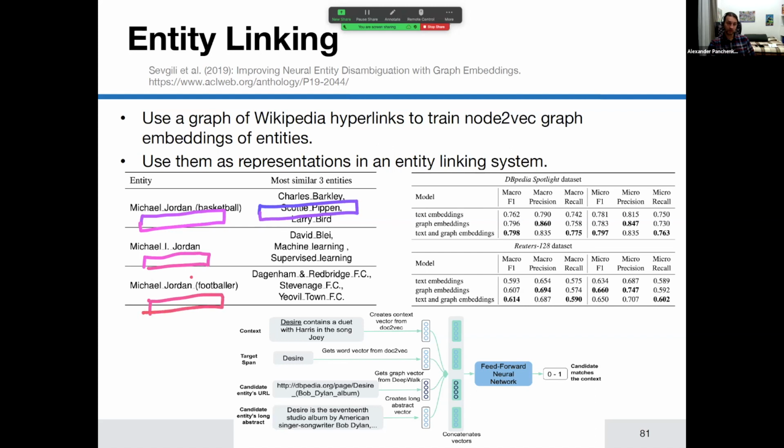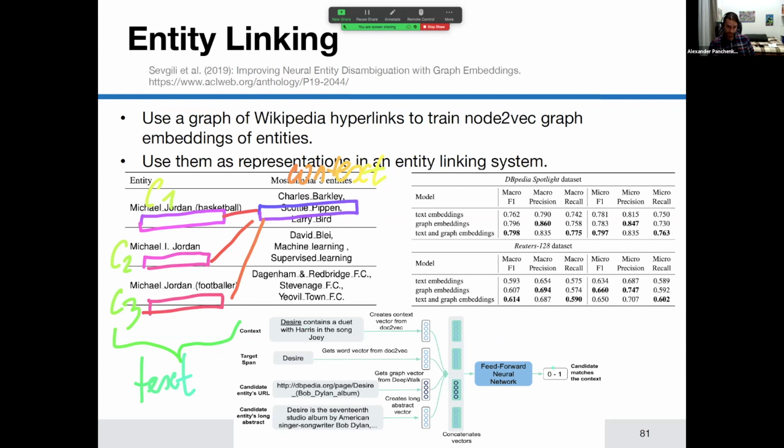What this end-to-end system does is compute similarities of the context and candidate entity 1, candidate entity 2, candidate entity 3. But the point is that these candidate entities derive from text, with a word2vec style embedding learning.